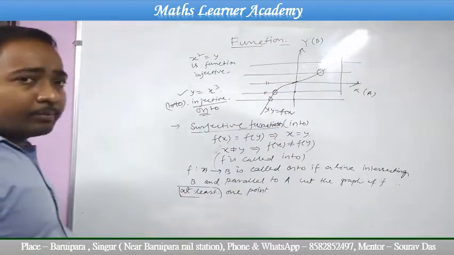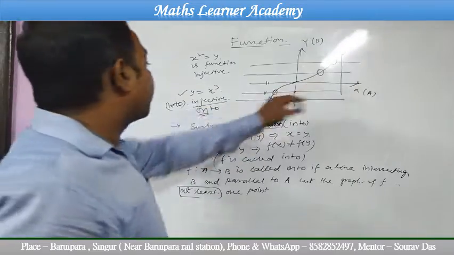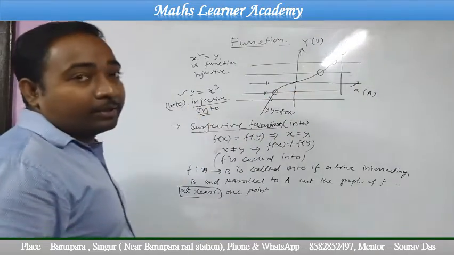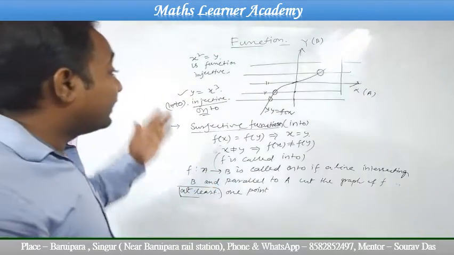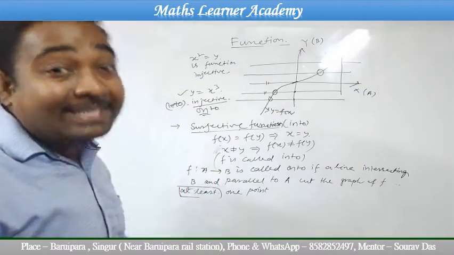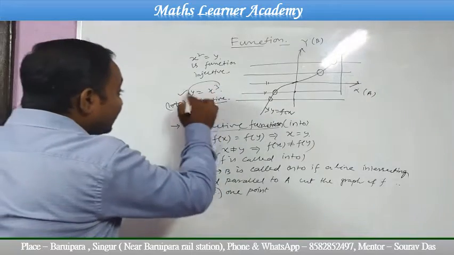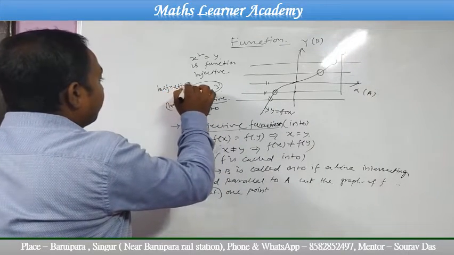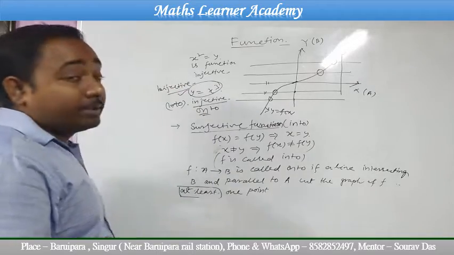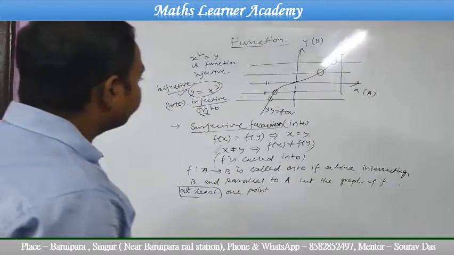It may be more than 1 point, but at least 1. So that's why this is into as well as onto. If a function is into as well as onto, then the function is called a bijective function. So this function is bijective, right? y equals x cube is a bijective function.